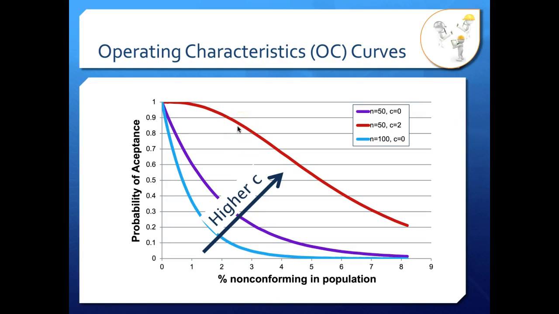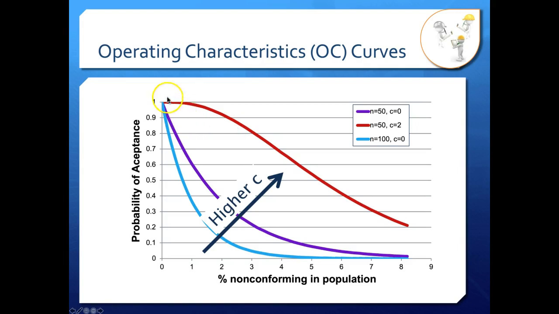If you have a higher sampling size, your probability of acceptance goes down because you're more likely to pick up nonconformities. If you have a higher tolerance for nonconformities, so you have a higher acceptance criteria, your probability of acceptance goes up, because you are more likely to be able to tolerate the couple of defects you scoop up in your particular sample.